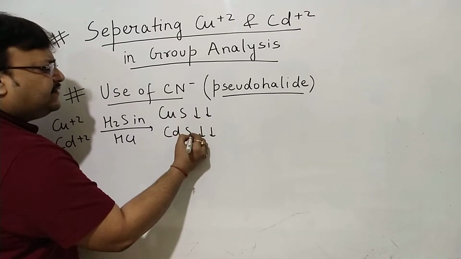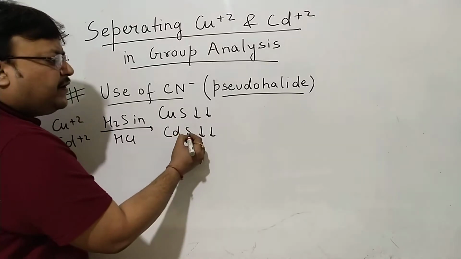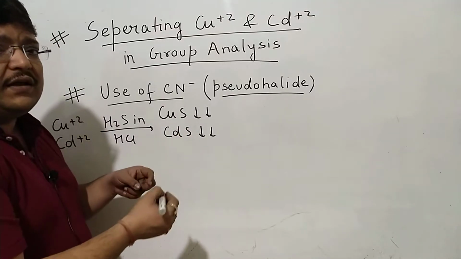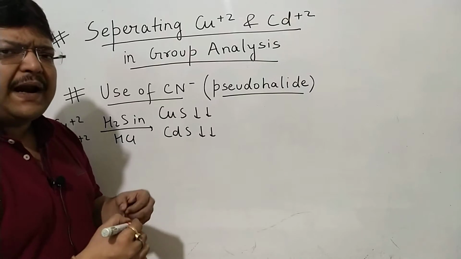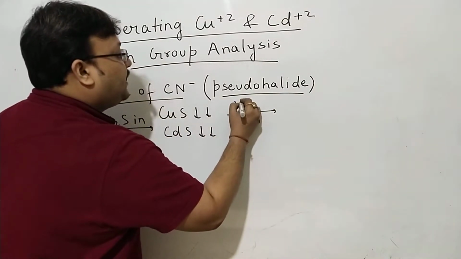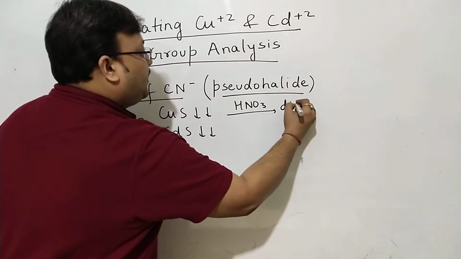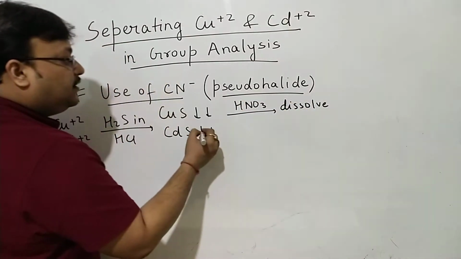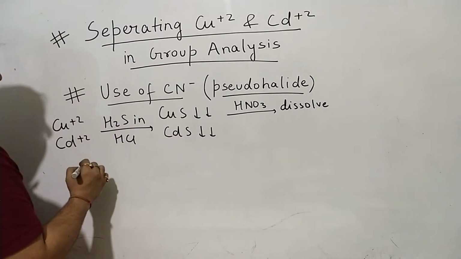This is black and this is yellow, but we don't go by the color, because if they are present together, chances are it will have a blackish color only. Both precipitate, both dissolve in nitric acid, so they precipitate together and become soluble together.